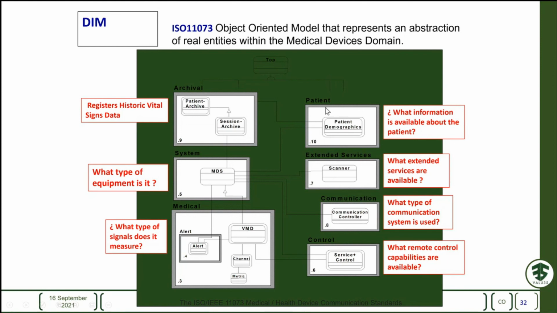Then, related to the patient, we have the demographics, what information is available about the patient. Normally, it's very important for many operations to know the weight or the height of the patient. That affects a lot in some applications, such as the drug delivery to be given, whether it is a child or an elderly person, whether the patient has pathologies or not, that kind of thing.